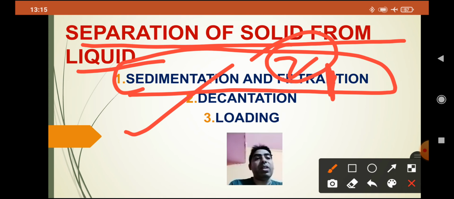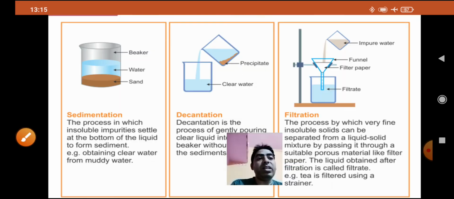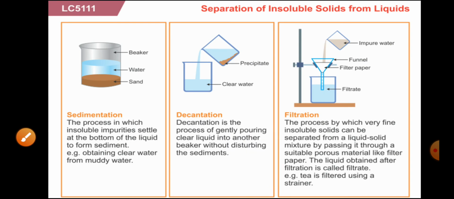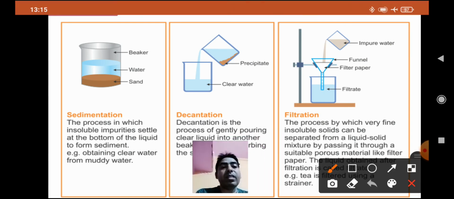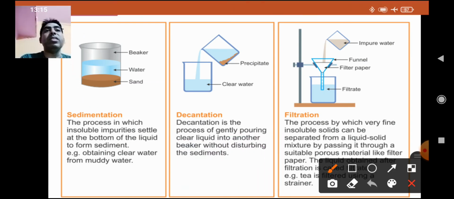Now we are moving towards the next one. Please see, first of all, what is sedimentation? The process of settling down of heavier insoluble particles at the bottom of a liquid is called sedimentation.